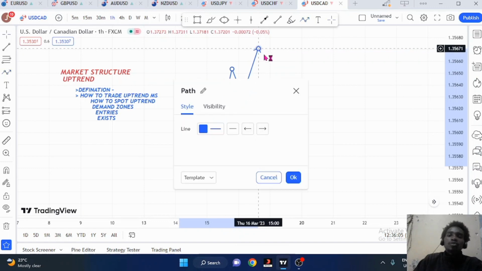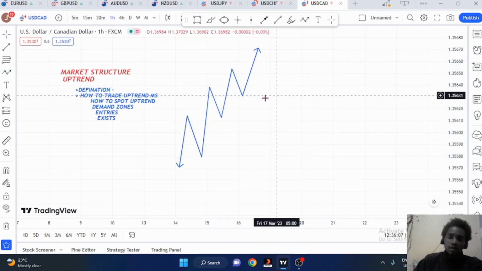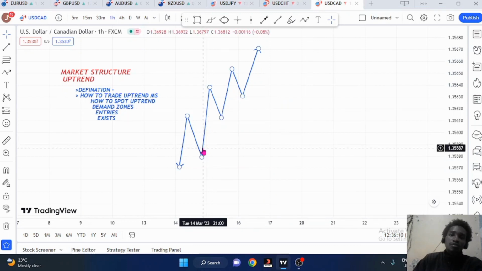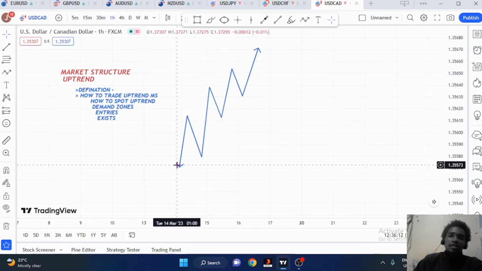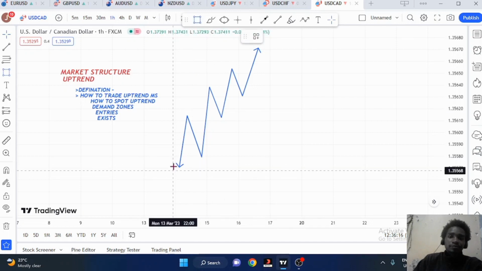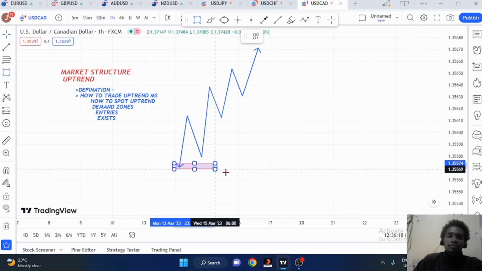This is the definition of an uptrend, where the market started from here, as you can see.